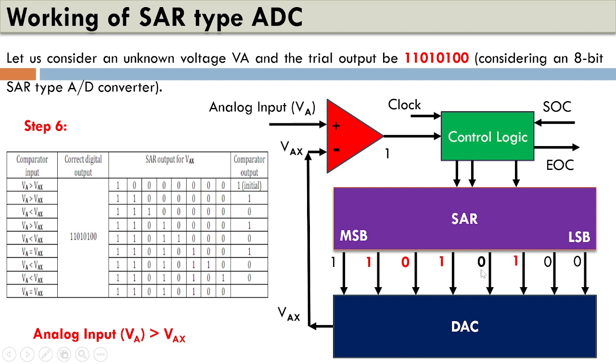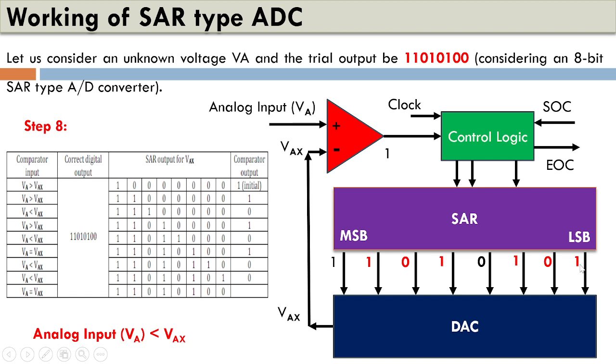We have reset this and set the next bit to 1, and then again we compare. We see that when we increase the next bit to 1, it has now gone beyond this, and Va is less than Vax. So as per the procedure, this will be 0 and the next one will be 1.